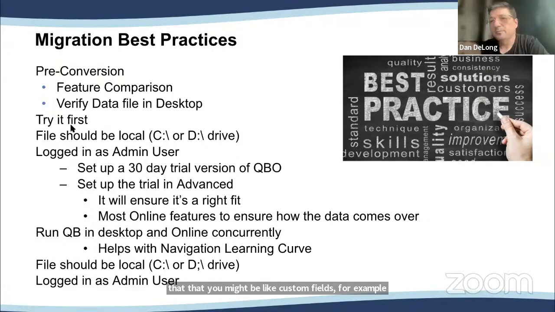Sometimes they come over, sometimes they don't. But if you're not using Advanced, they won't come over the way that you might have expected. And then you can always downgrade the version if you're not even using those features.